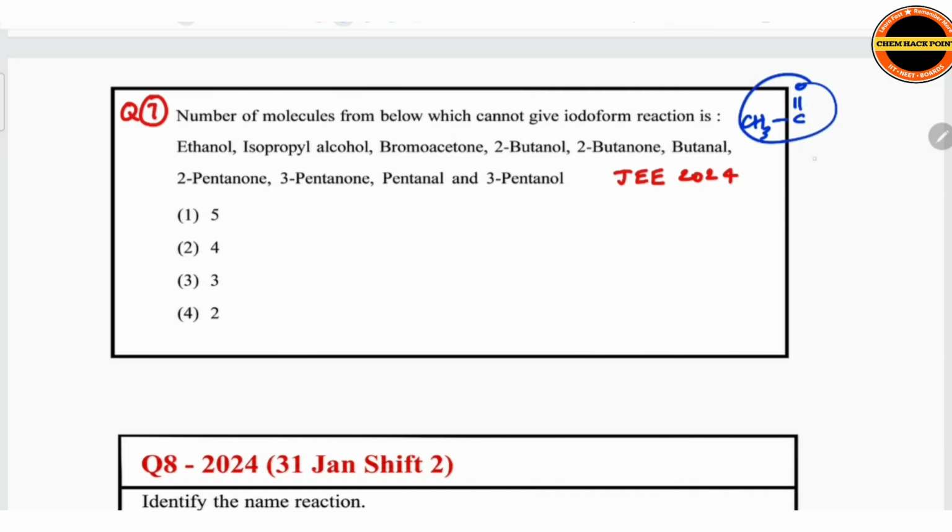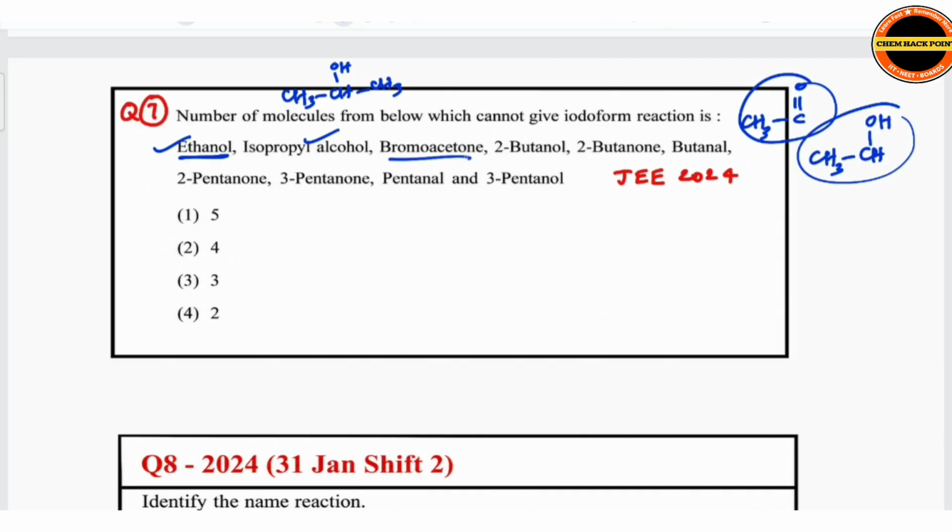This group should be present to show the iodoform test. Ethanol will show. Isopropyl alcohol also shows because it has CH3CHOH. So isopropyl alcohol shows.